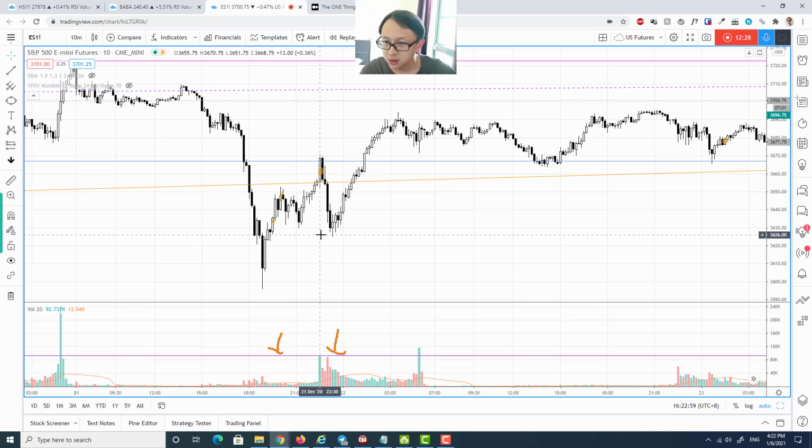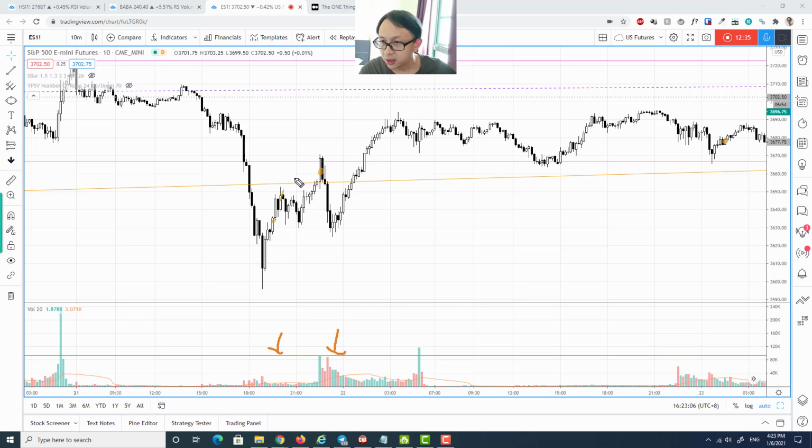This is the 21st of December, and it's an up volume. What I interpret from this is that, despite this big up volume with a bullish bar, it can't really commit above the supply zone right there. This is the supply zone, and in fact it failed right at the next candle.